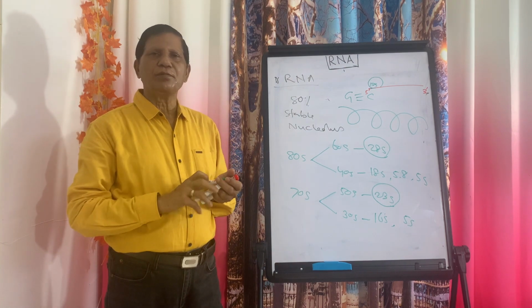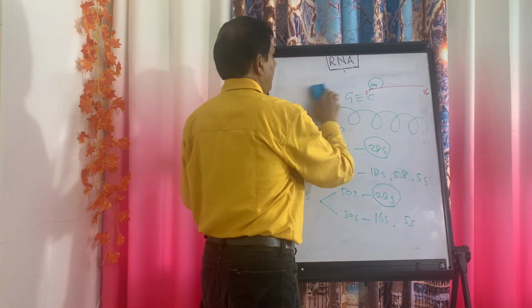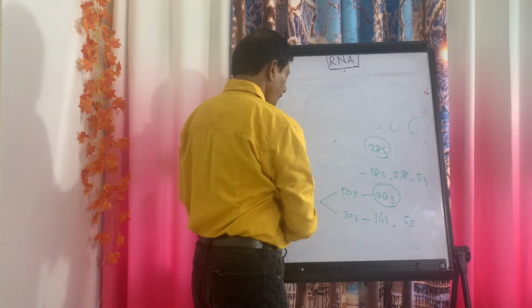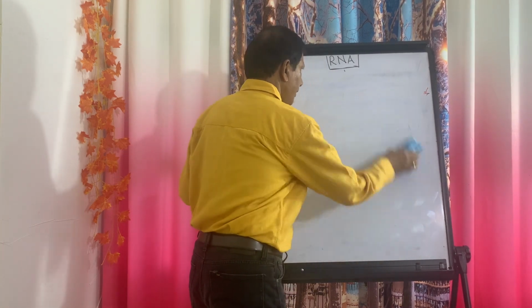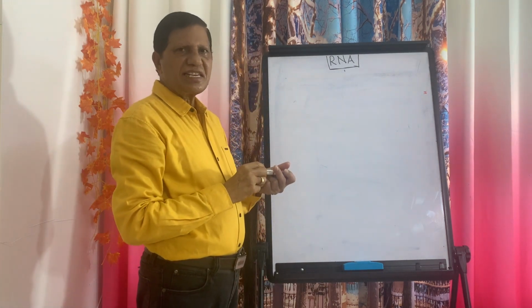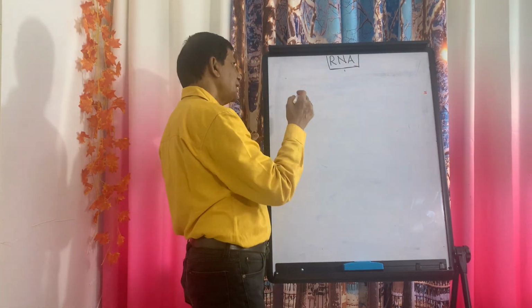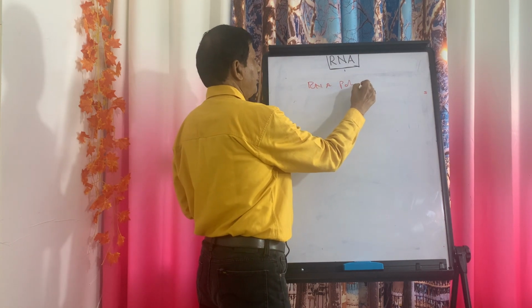Now, let us come to the second type of RNA, that is mRNA. This rRNA is also transcribed from the DNA by means of RNA polymerase 1.